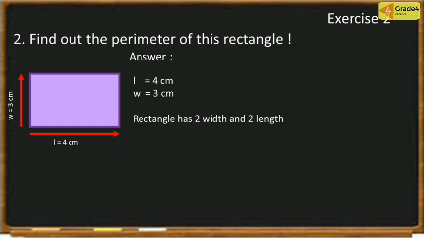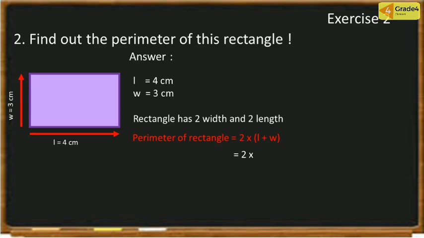So we can use the formula perimeter of rectangle is, do you remember? Yes, perimeter of rectangle formula is 2 times in the bracket length plus width. We can write down 2 times, because from the picture the length is 4 centimeters and the width is 3 centimeters.